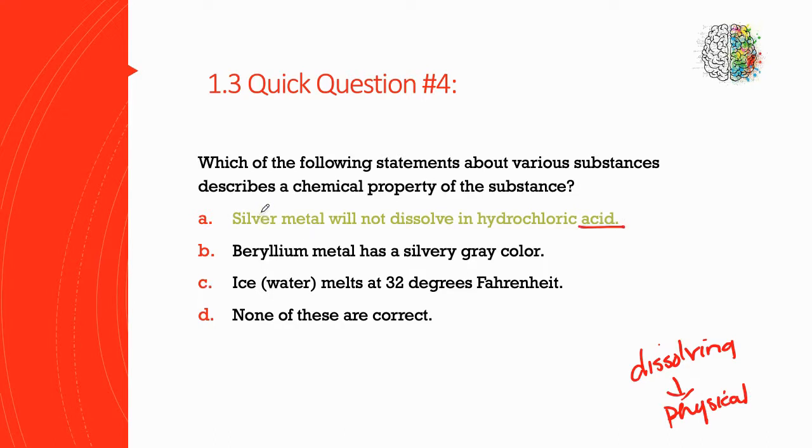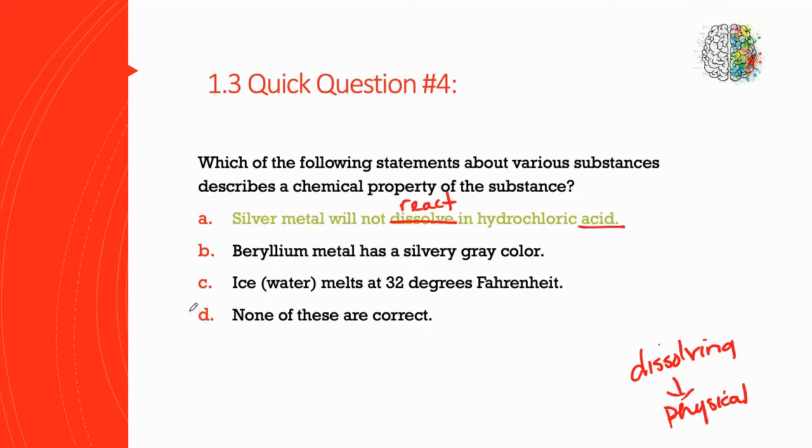What they're really saying is silver metal will not react with hydrochloric acid, okay? And I won't do this to you on the test. I'll be really clear. But I wanted to point this out because these did come from your book. So I want to point out this little bit of a discrepancy. So silver metal will not react with hydrochloric acid.